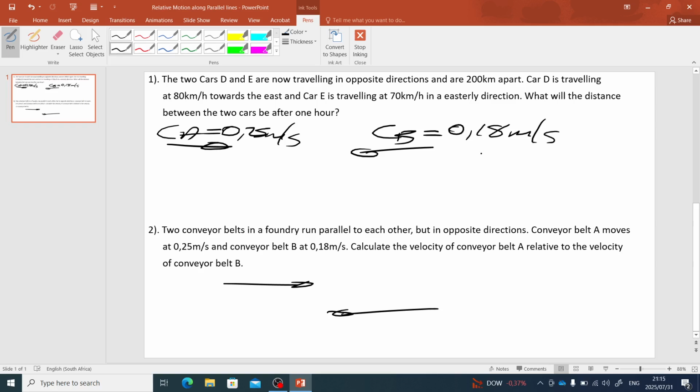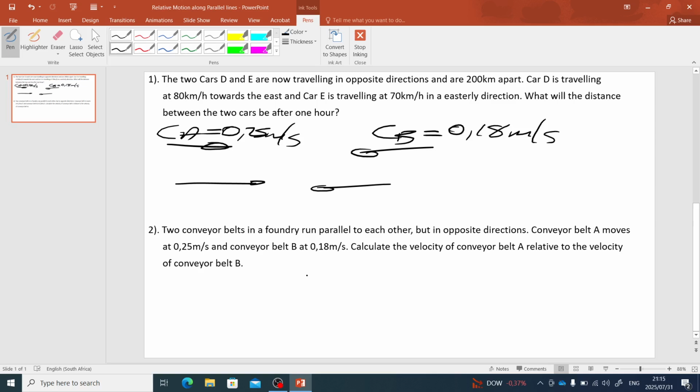Calculate the velocity of conveyor belt A relative to conveyor belt B. As per what I just indicated to you when solving relative motion, conveyor A is heading that direction, conveyor B that direction.